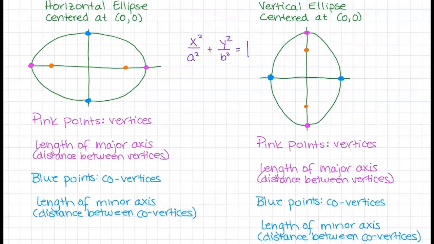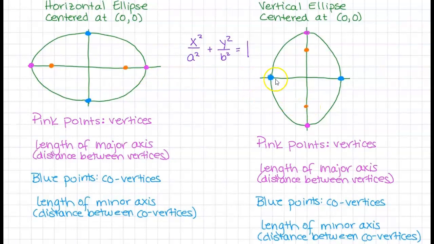All right, so here we have a summary of everything that we just did. You can see we have a horizontal ellipse right here, and a horizontal ellipse is going to be stretched horizontally, and notice that the two foci are also arranged horizontally. If we have a vertical ellipse, it's stretched vertically, and the two foci are arranged vertically.